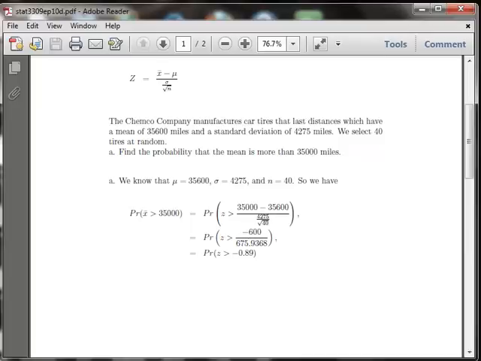So that means we have the probability that z is greater than negative 600 over 675.9638. And that simplifies down to the probability that z is greater than negative 0.89.